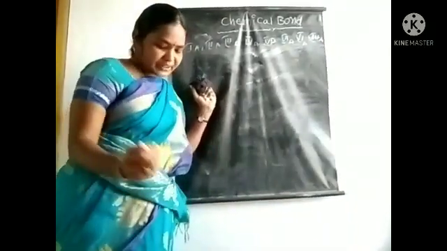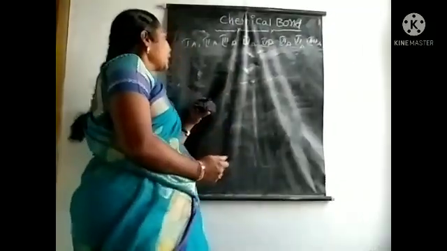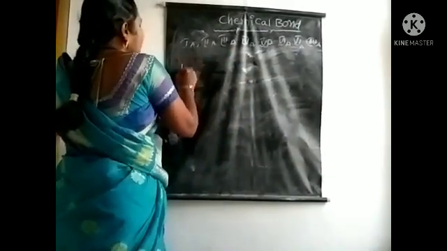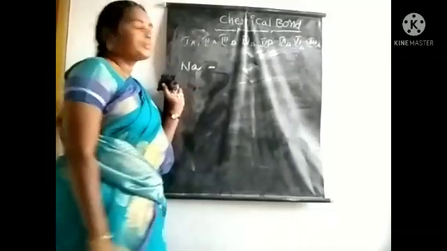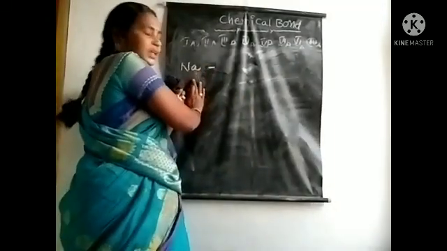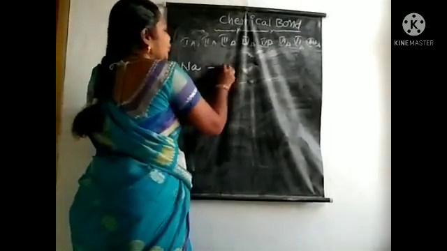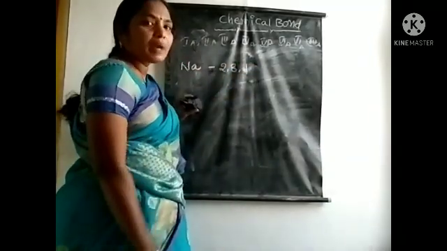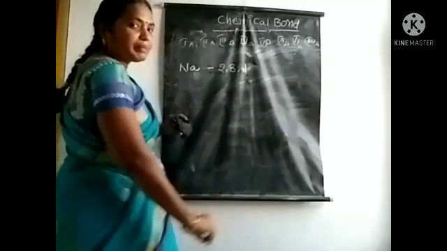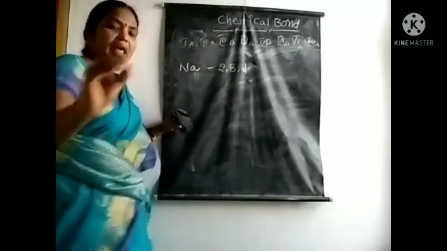Here observe sodium. The electronic configuration of sodium is 2, 8, 1. That means the atomic number of sodium is 11.